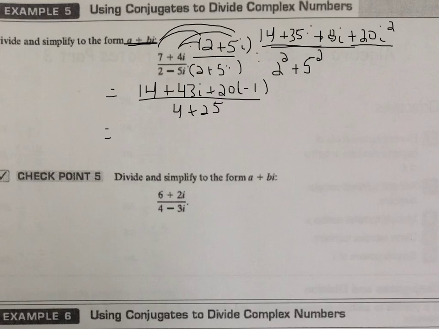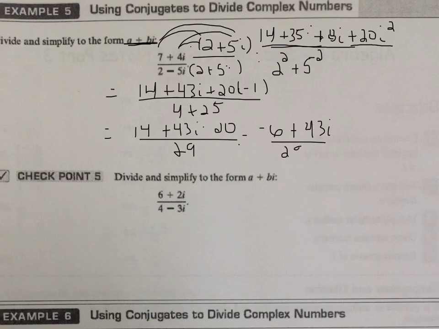Well, 20 times -1 is minus 20, so we really got 14 plus 43i minus 20 all over 29. And we can take the 14 and subtract 20, we're going to get -6 plus 43i over 29. Now, that's simplified, but it's not simplified into the right form, a plus bi.